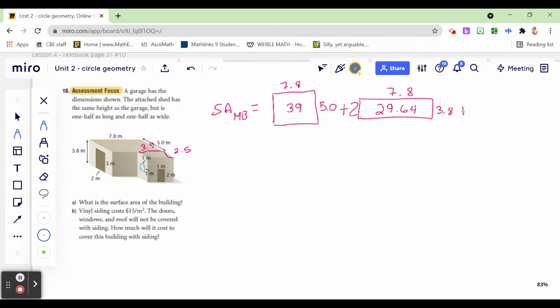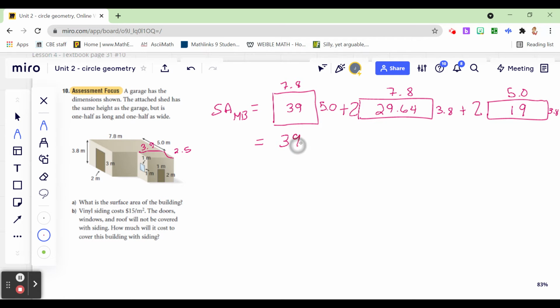Okay, plus I'm going to have 2 of the ones with the front and back rectangle. So that one is going to have dimensions once again 3.8, and my length this time is going to be 5. So that's going to be 19. Okay, so then I can go ahead and calculate.